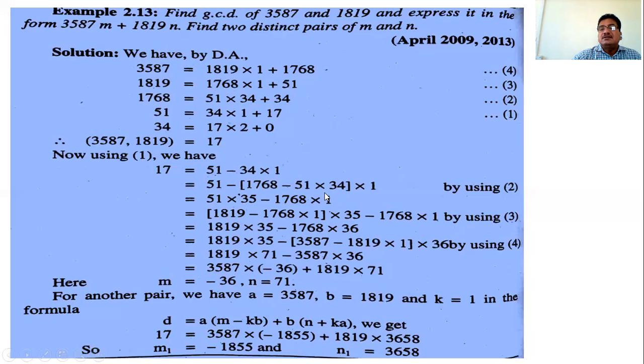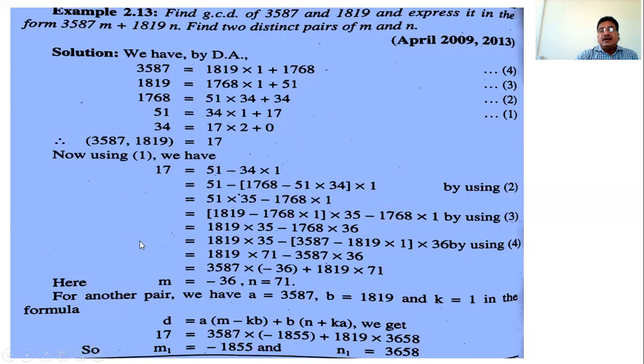Here we use equation 2, here we use equation 3, so using 3 and multiplying by 35 in bracket, what do we have? 1819 into 35 minus 1768 into 35 minus 1768 into 1. If you take the minus sign and 1768 common, then we have 35 plus 1, which means 36.